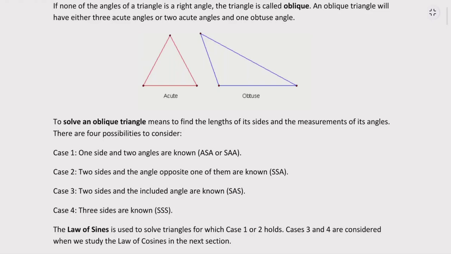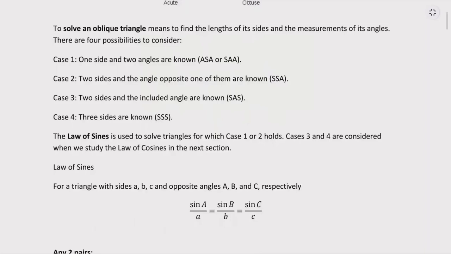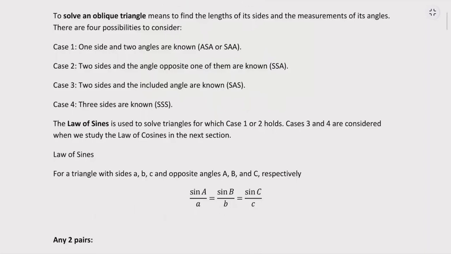Case three is two sides and the included angle, side angle side. And case four is three sides, side, side, side. The law of sines is used to solve triangles for which case 1 or 2 holds. Cases 3 and 4 are considered when we study the law of cosines, which will be in the next section.